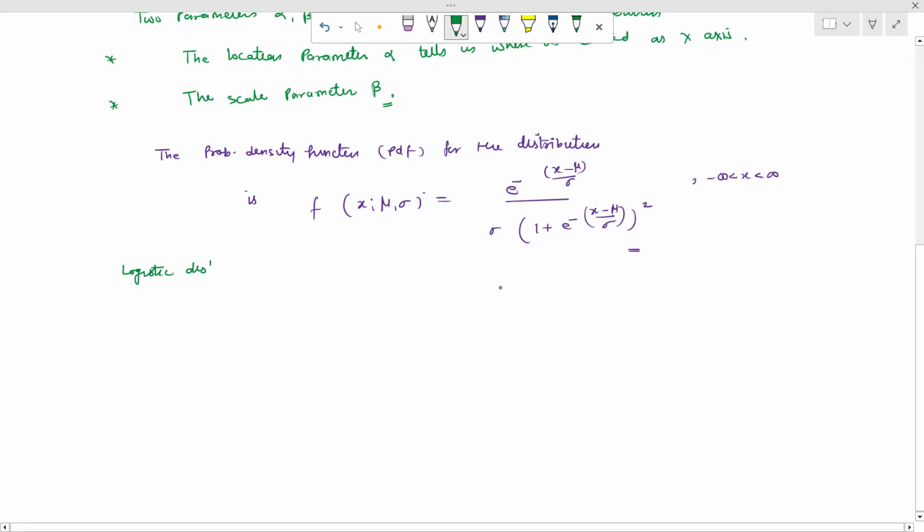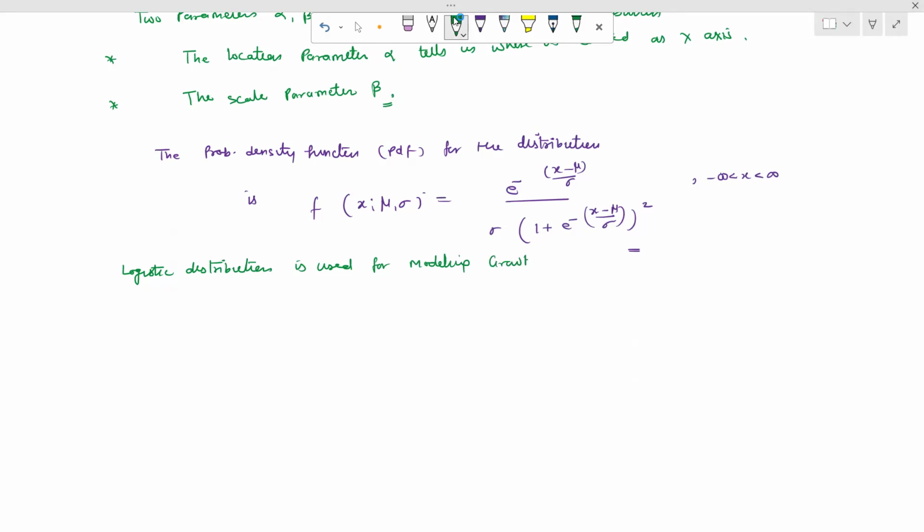Logistic distribution is basically used for modeling growth and also for logistic regression.